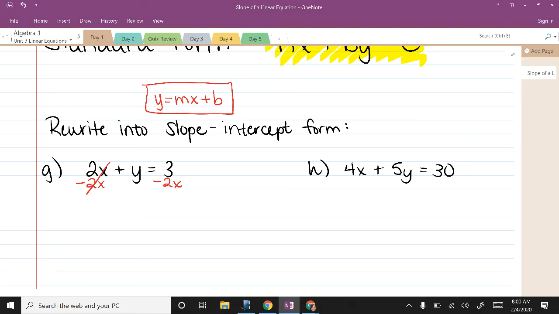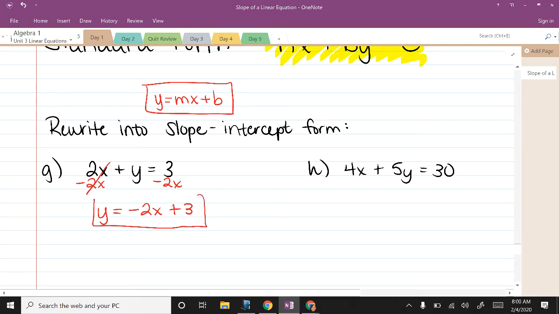One has a 2x, is an x, right? So copy your y, because it's already by itself, and you put the x part in front, because that's what slope-intercept form does, and then that's a positive 3, minus 2x plus 3. Now it's in y equals mx plus b form. There's my answer. So we're just rearranging to make it look like slope-intercept form.